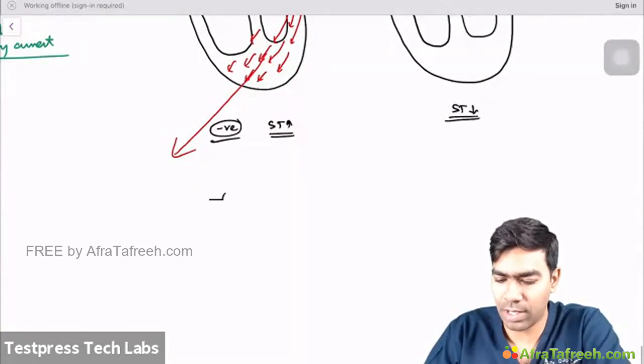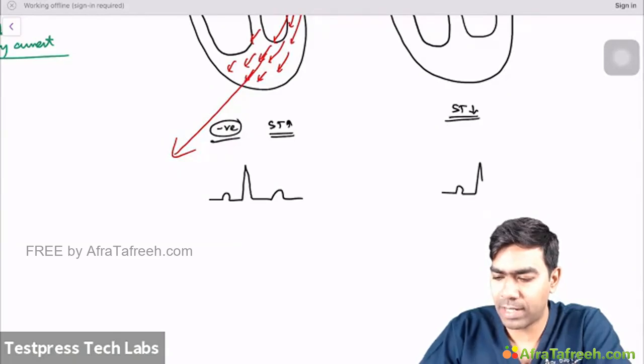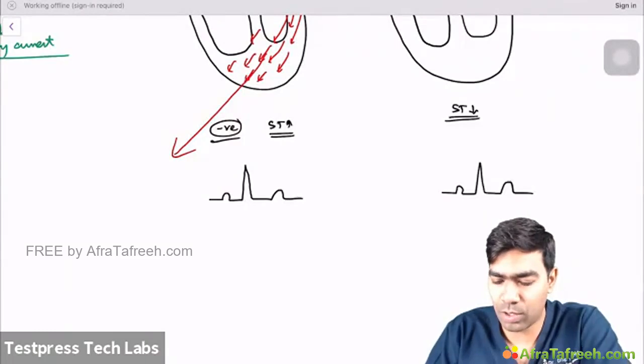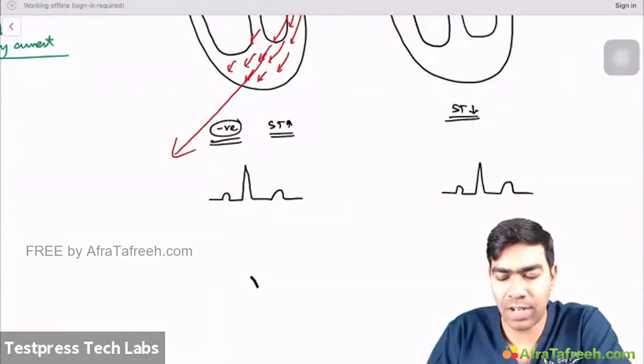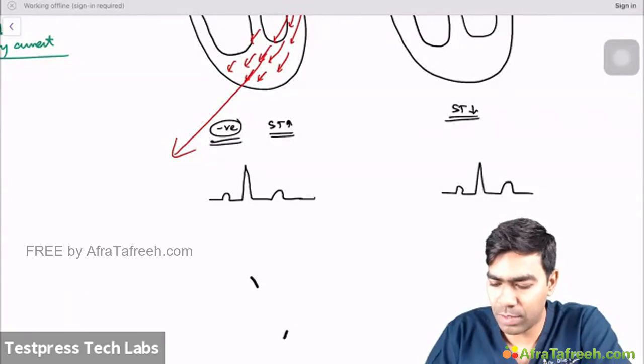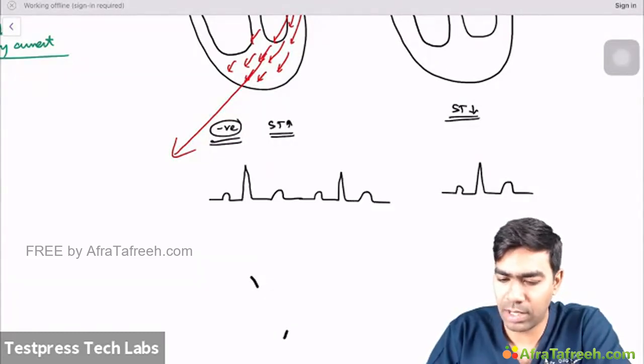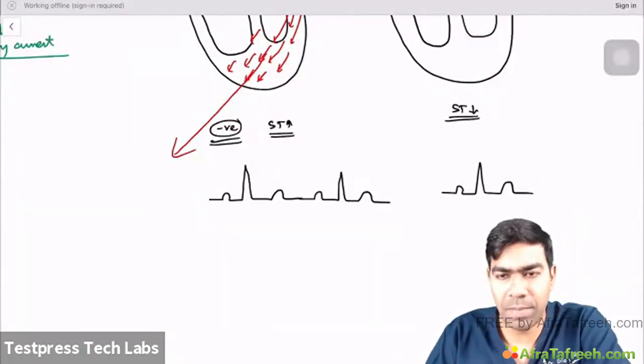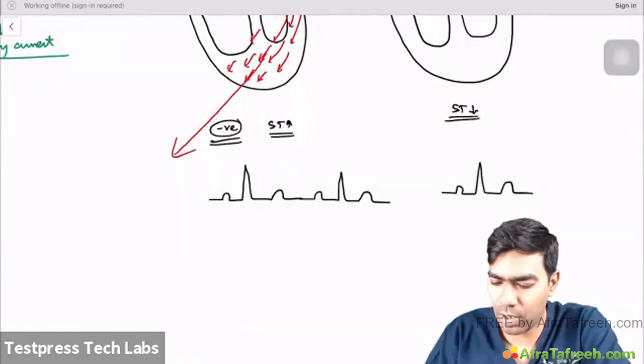So let me draw the image here. This is going to be the baseline ECG. If it's a transmural ischemia, what's going to happen? This is going to produce a negative current at the TP segment, which means at the completed repolarization. This is going to be the isoelectric point, the baseline.